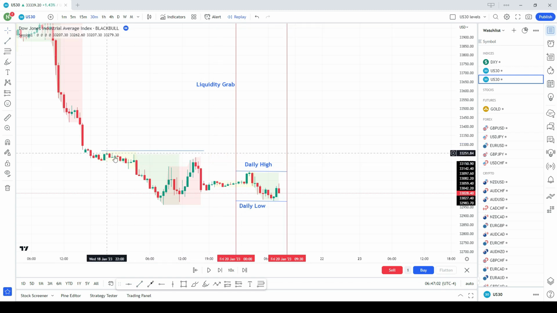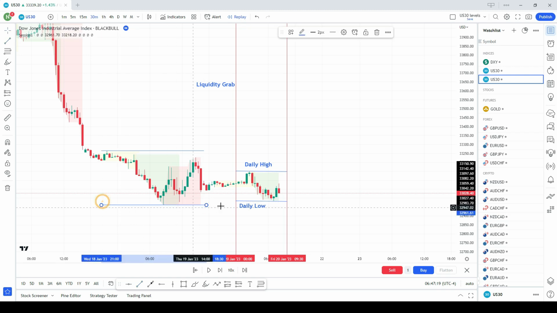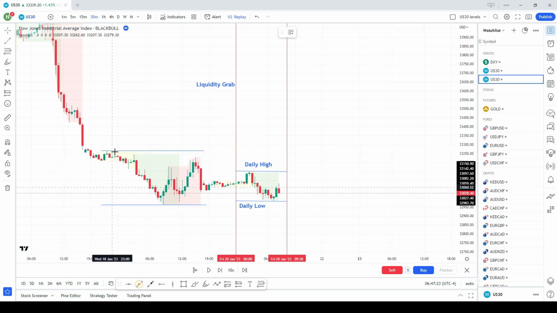I'm using from the Asian session to this New York session for yesterday. Yesterday's maximum recorded low was this zone. So these are zones of liquidity as well. We can mark them as liquidity zones.